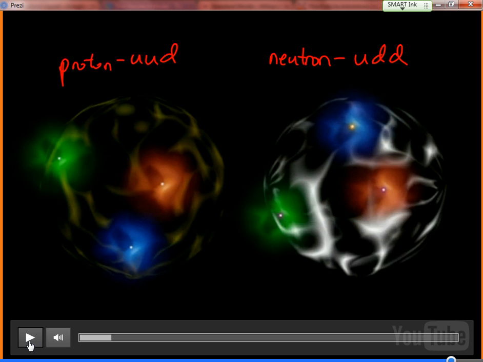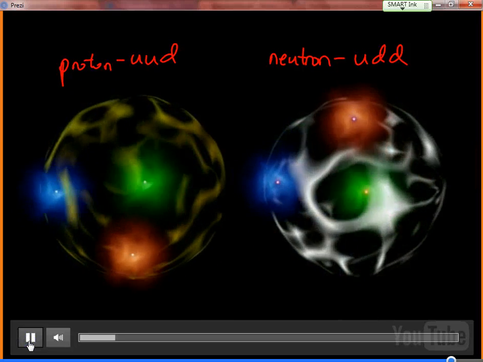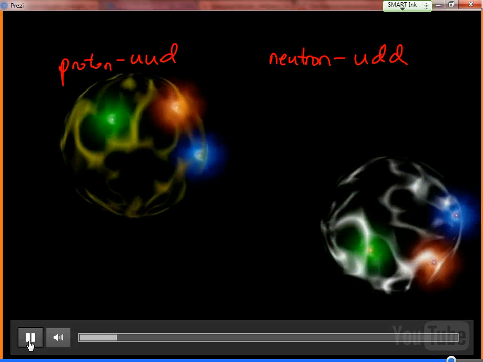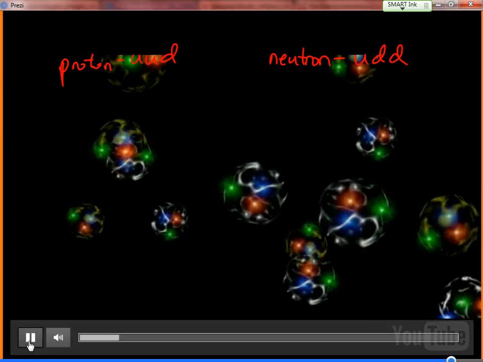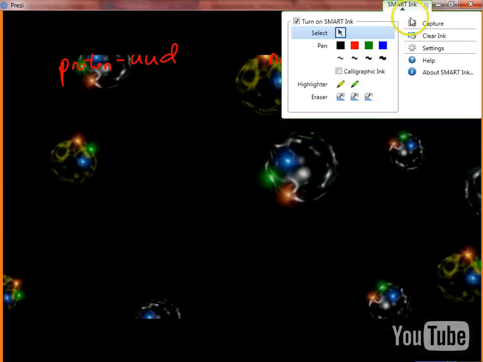Now, as you noted previously on the chart, there are all these types of charge, and we're going to talk about color as well, and how these all work together to create these types of particles. The red, green, and blue colors of the quarks represent a property that attracts them to one another. It is this color charge property of the quarks that holds them together in a proton or a neutron.